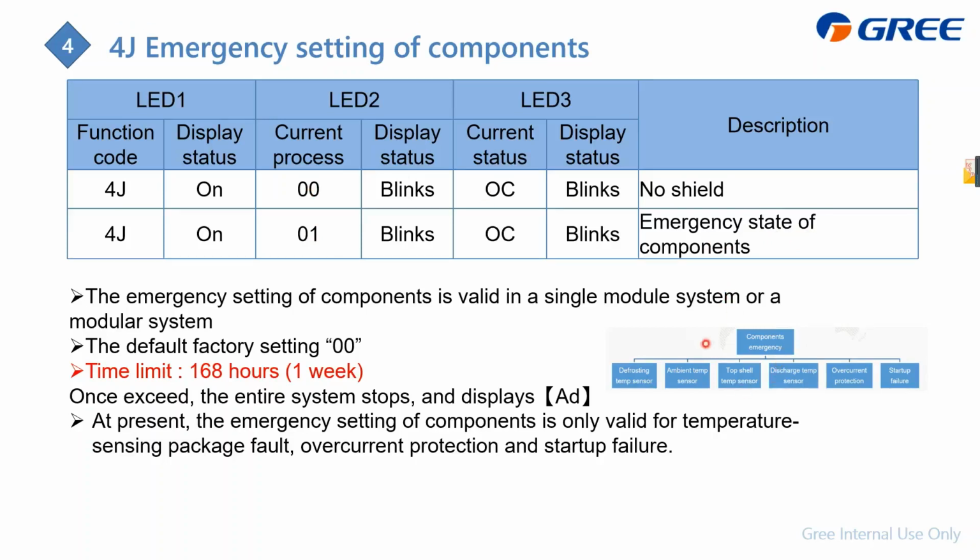The components include the defrosting temperature sensor, ambient temperature sensor, top shield temperature sensor, discharge temperature sensor, current protection, and startup failure. So it shields all these functions, and the unit can still run for another week. If it is out of this range, AD is displayed and the whole unit cannot work anymore.